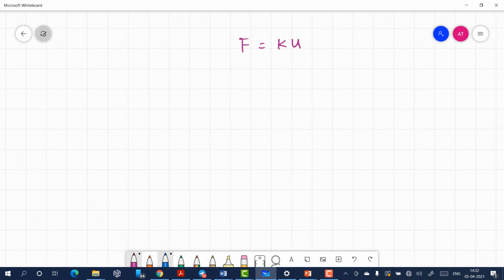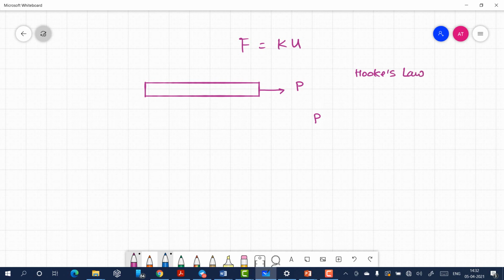So let us take a simple bar, and if it elongates, that means there is an elongation on it with an application of force P, then how will you define P, assuming that this is following Hooke's law? So it is following linear elastic behavior of this format.